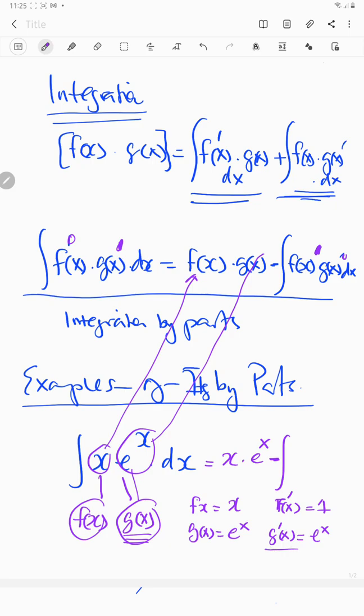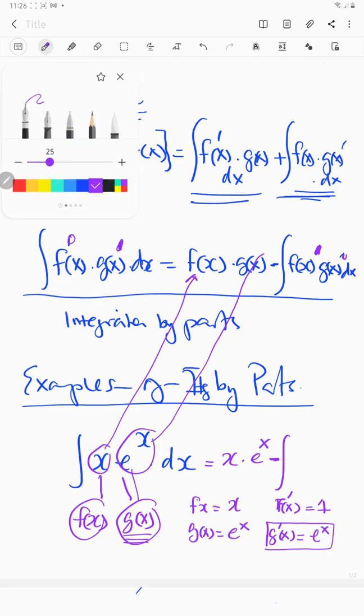In the end, you take these values and put them into the equation.